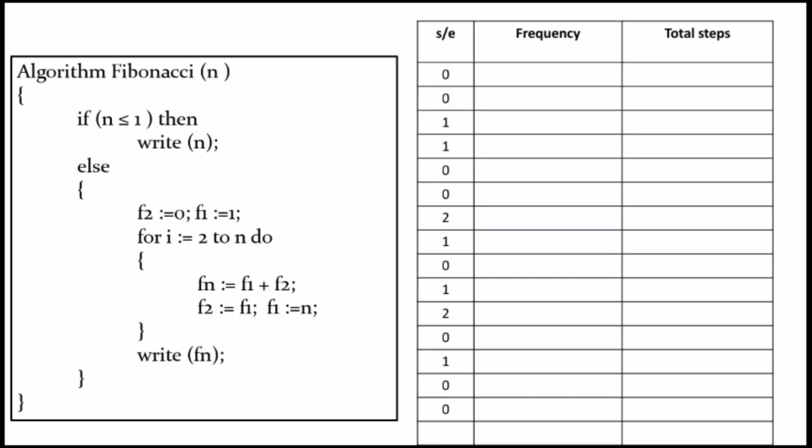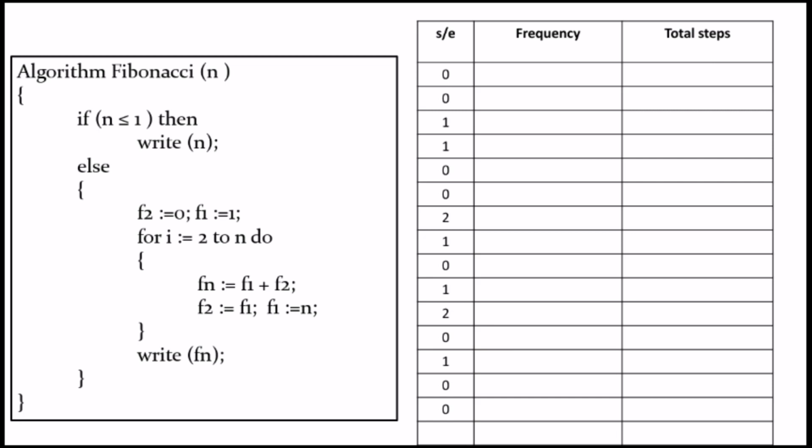So this is the table. In the first block, we are trying to calculate how many steps there will be for each line. For the first 2 lines, because it is just a name and an opening flower bracket, the number of steps will be 0.